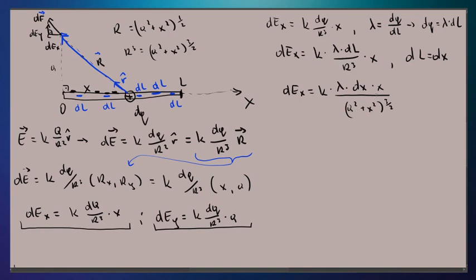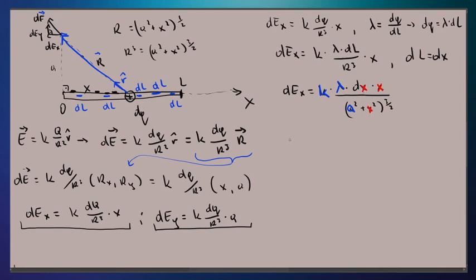This looks to me like I can integrate this, because if you look at it, a is a constant, k is a constant, and the only variable that I have is x here and x here, and I'm going to integrate with respect to x. So this is something I can work with.